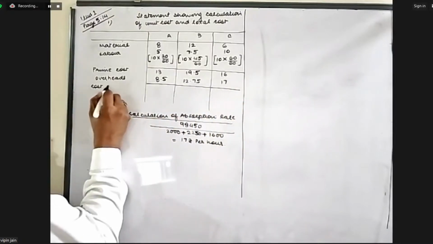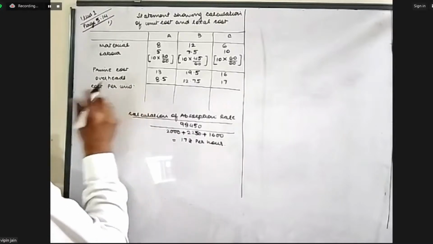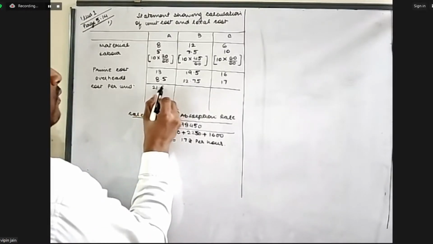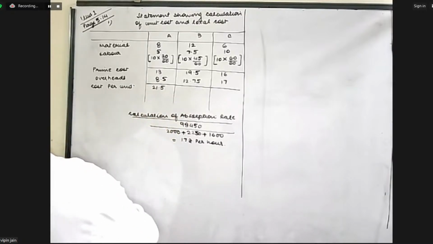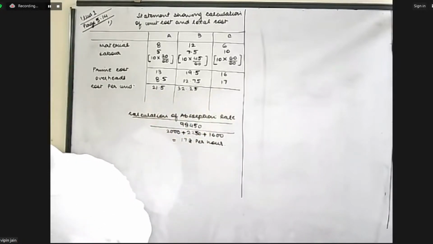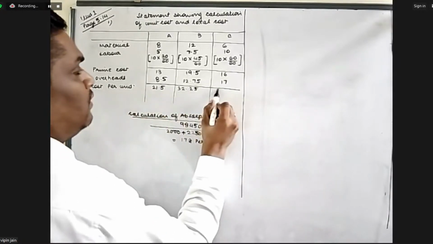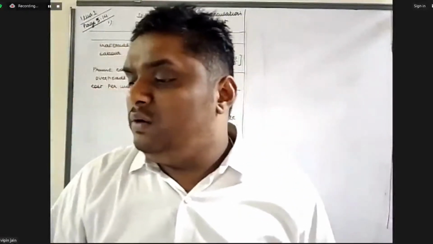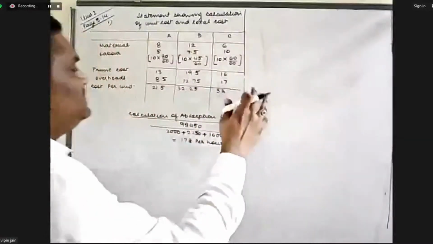So this will be the cost per unit. That is 21.5, and 32.25. This is how the per unit cost will be calculated, that is prime cost plus the overheads.